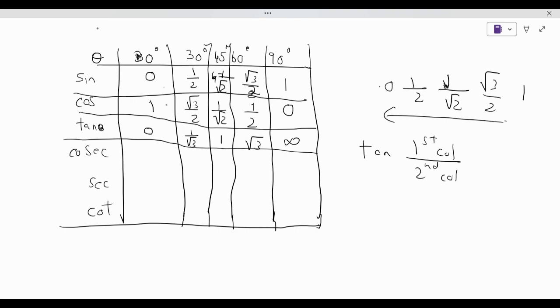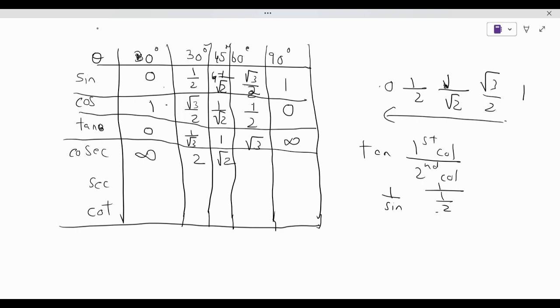For cosec, you have to take 1 by sine. So 1 by 0 will be infinity. You have to just invert it. 1 by 2 inverted will become 2.